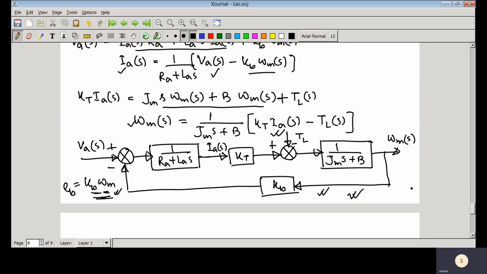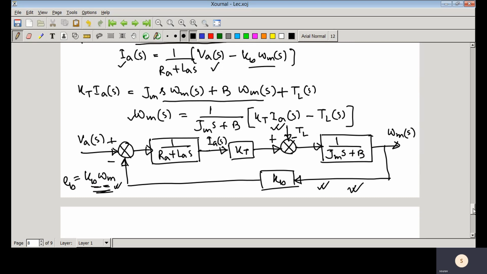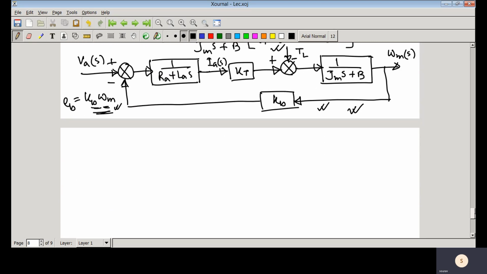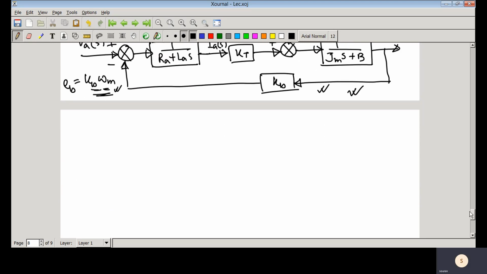Now the last physical example we are going to discuss is the cart inverted pendulum system, which is a very interesting as well as very useful physical system, and it has huge applications. You will also be performing an experiment on it in the control systems lab.